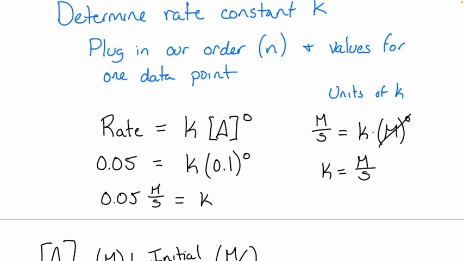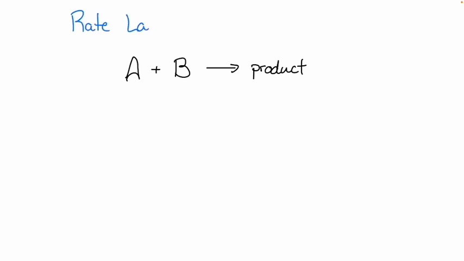All right, cool. So that's all well and good for reactions where you just have one reactant. But what if I have 2 or more reactants here? All right, so now let's look at a reaction where we have A and B combining to form some product. How do we get the rate law for this reaction here?